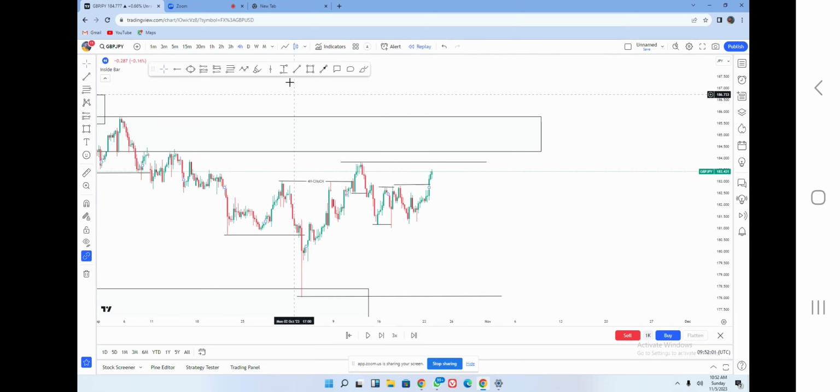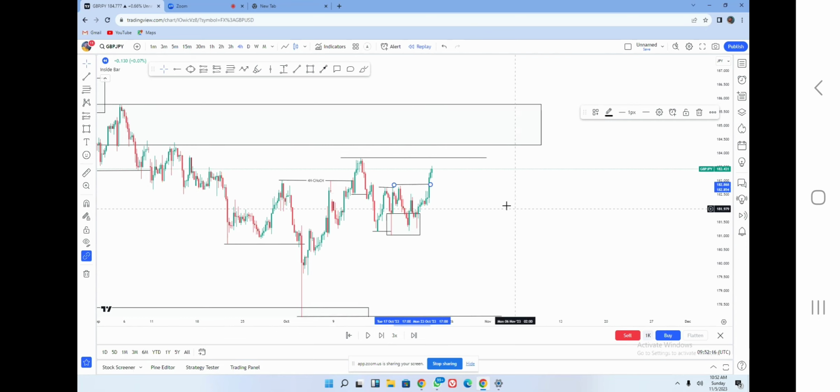So it came back, retested this area and goes up. All of this is a demand zone and broke another structure. So if it were me, I'd be glad to trade all this, and this is going to be a massive trade for me on the 15 minutes. But that is not what we are saying actually.